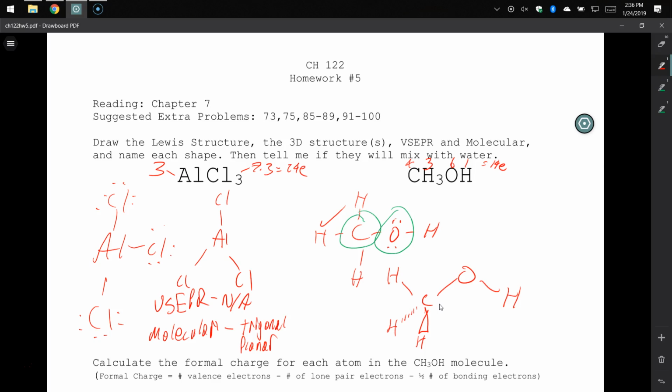Tetrahedral. How many things are connected to it? 4. And so 4 things connected to the central atom means tetrahedral. How many things are connected to the oxygen? Don't get tricked. There are 4 things connected to the oxygen.